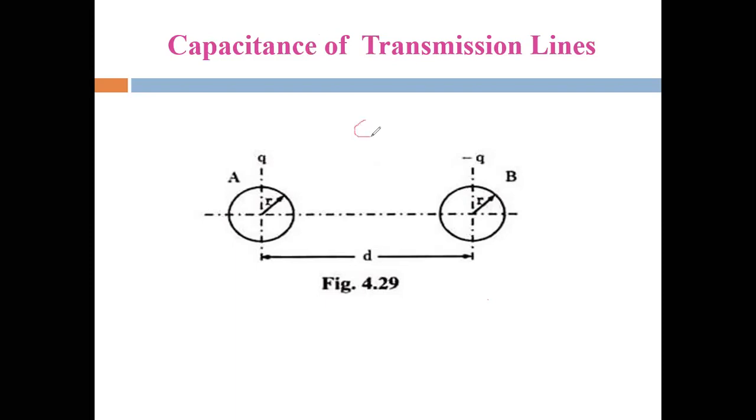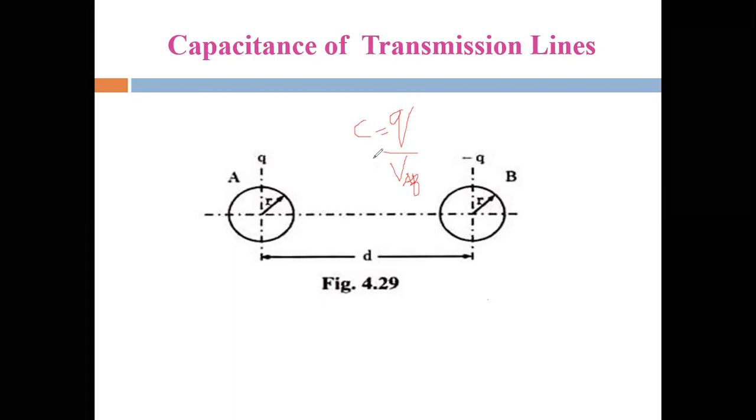Normally the capacitance C is equal to q by v, where V means the potential difference between the A and B conductors.